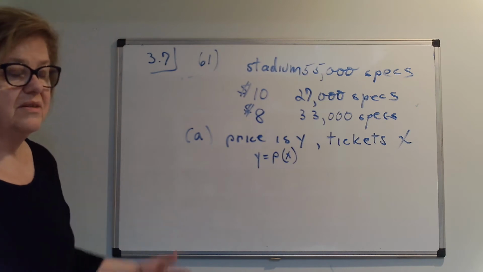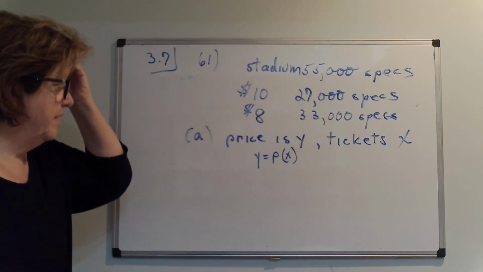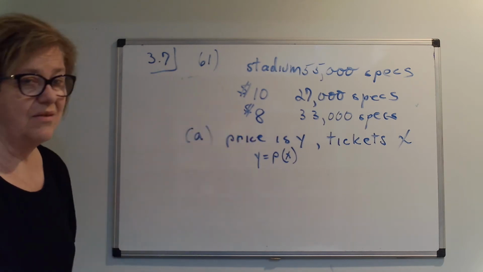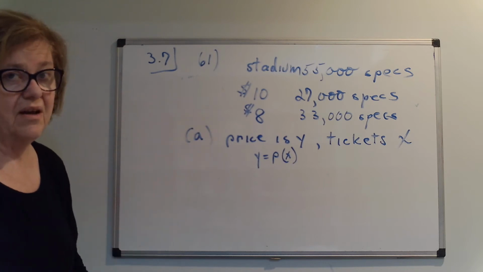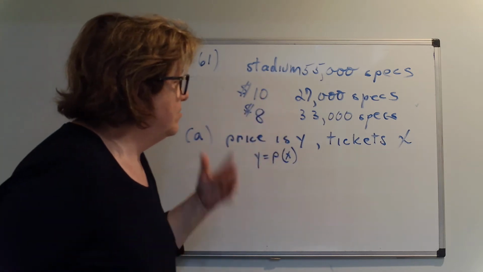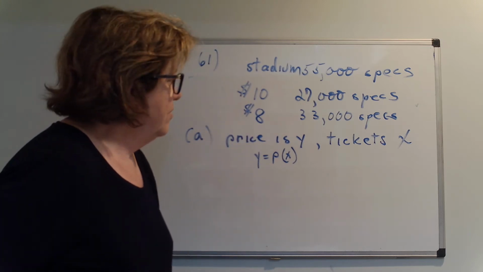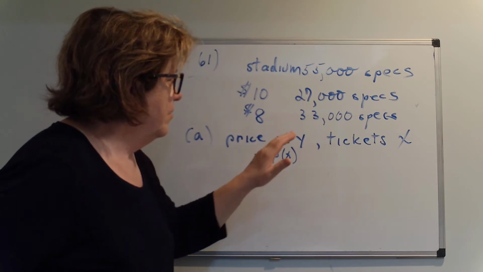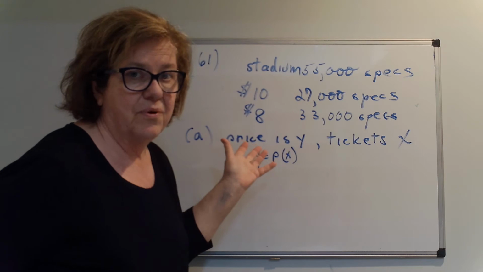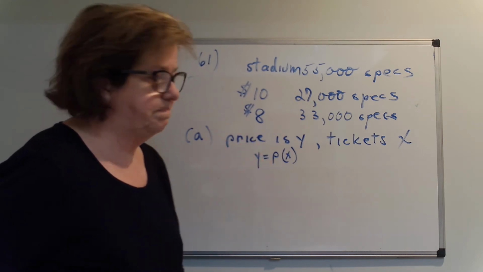It's price as a function of tickets sold. And we see that if we want to sell 33,000 seats, we better set the price at $8. If we don't care and want to sell 27,000, that's good enough, then we set the price at $10. So this is a way of putting in how many spectators we want and then getting out what our price should be. And this is what they call the demand function.